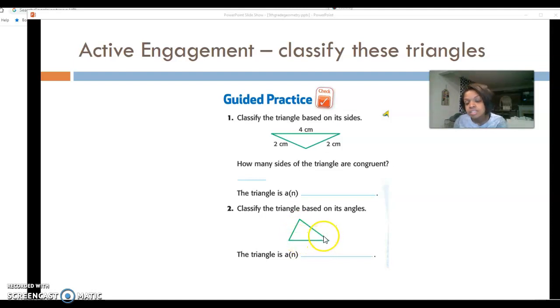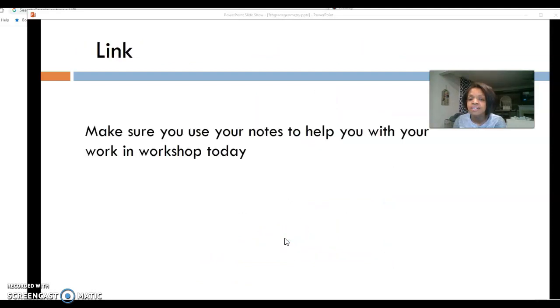This one appears to be smaller than 90, and this one seems like a 90 degree or a right angle. So if I'm classifying this triangle based off of its angles, then for number 2, that triangle is a right triangle because it has 1 angle that is 90 degrees. So if I have at least 1 angle that's 90 degrees, then I call the whole thing a right triangle.